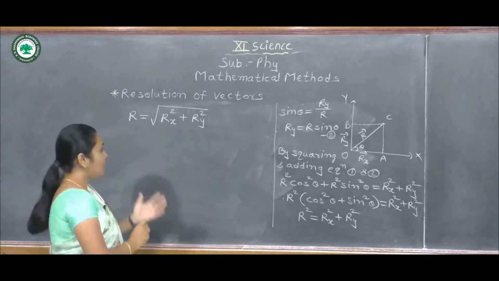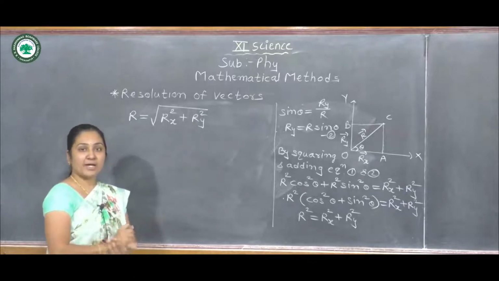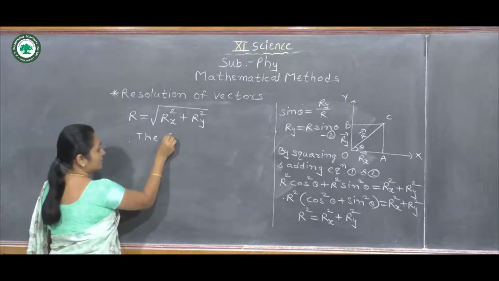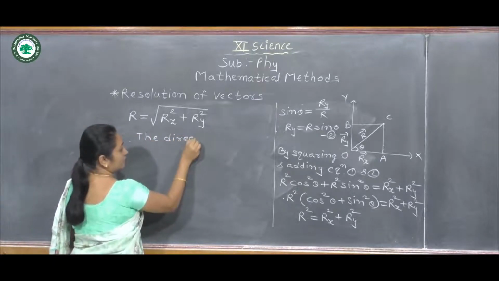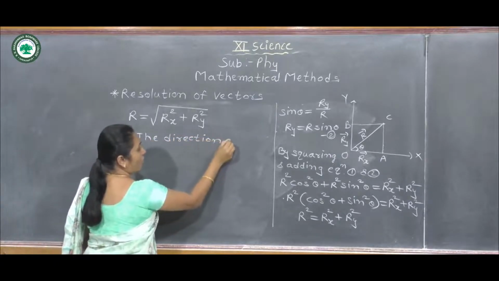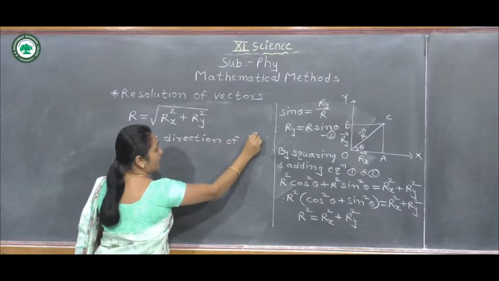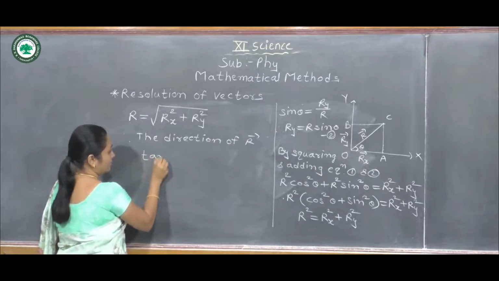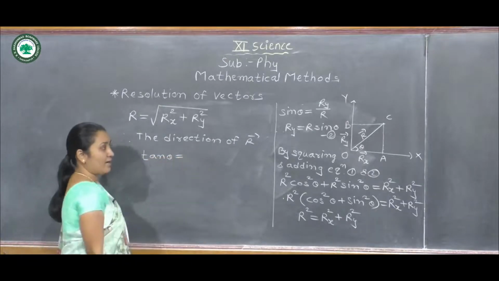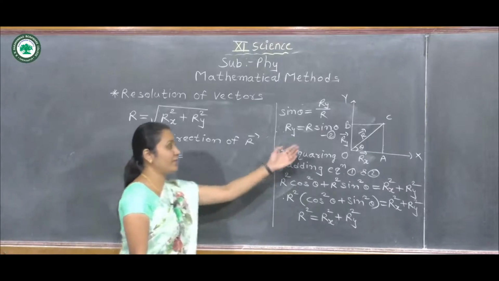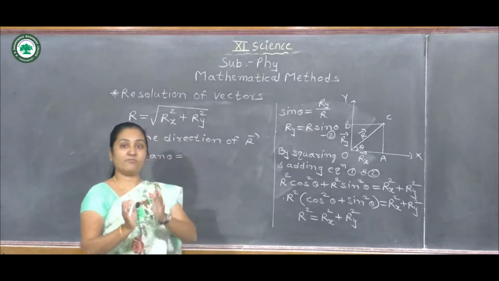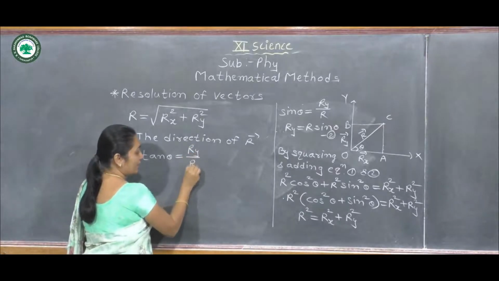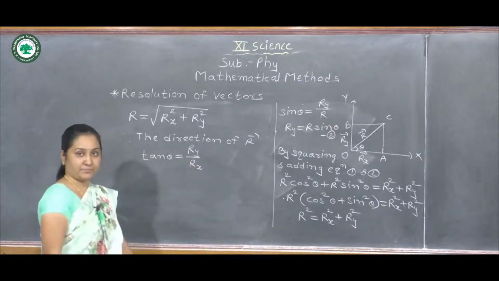Now we have to find the direction of vector r bar. So the direction of vector r bar is given as tan theta is equal to, from the figure we can write the value of tan theta as ry divided by rx.